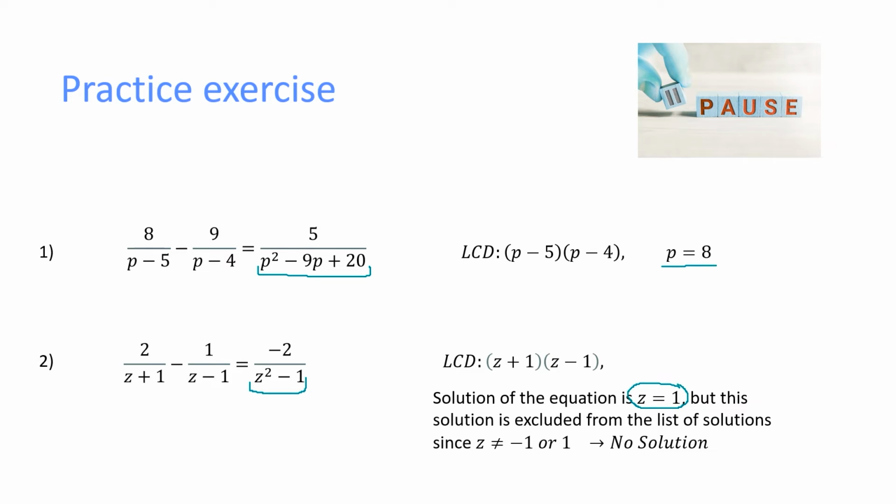However, be careful, remember that a denominator can never be 0, and if you do the check at the end and substitute 1 over here or 1 over here, you will get 0 in the denominator. Therefore, this practice exercise actually has no solution, since z cannot be equal to minus 1 or 1.